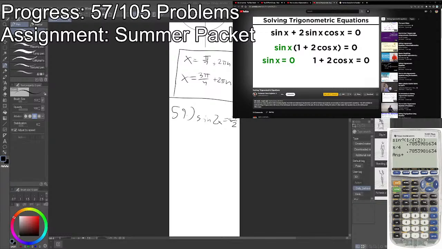Now, if sine x is 0, this whole side is 0. So 0 and pi are solutions, because the sine of 0 and the sine of pi both equal 0. Then for this one, 2 cosine x equals negative 1, and cosine x equals negative 1/2. That means that 2/3 pi and 4/3 pi are also solutions.